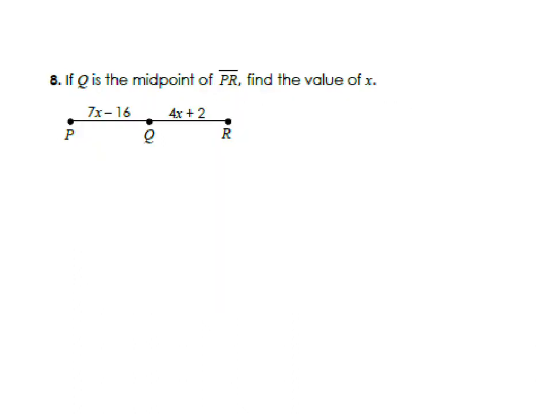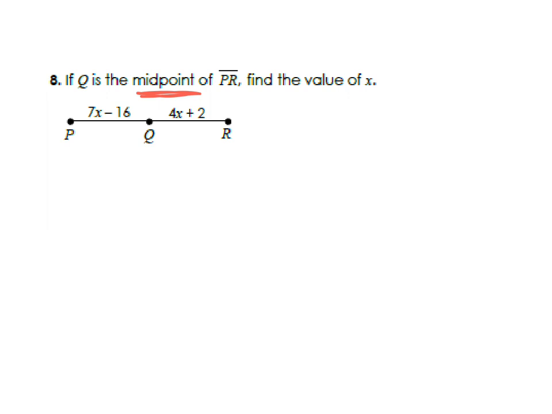Alright, for example, if Q is the midpoint of PR, find the value of X. So instead of last week, where we did the segment addition postulate, PQ plus QR equals PR, now we're saying since Q is the midpoint, the midpoint cuts it into two equal pieces.